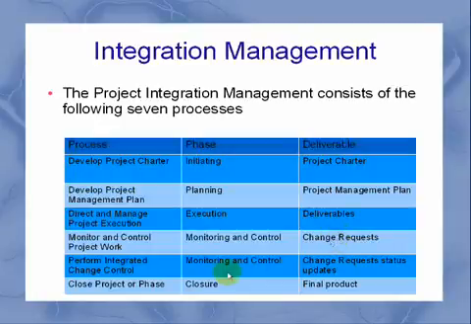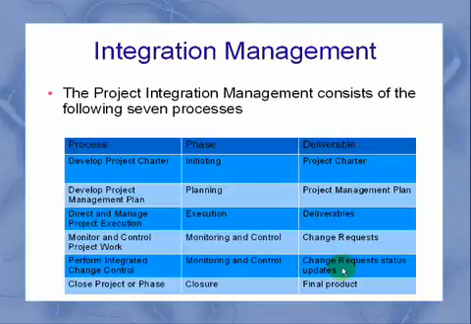Now once the change request is approved, then the next process is the perform integrated change control process, and this is in the phase of monitoring and control. And the deliverable for that process is the change request status update.